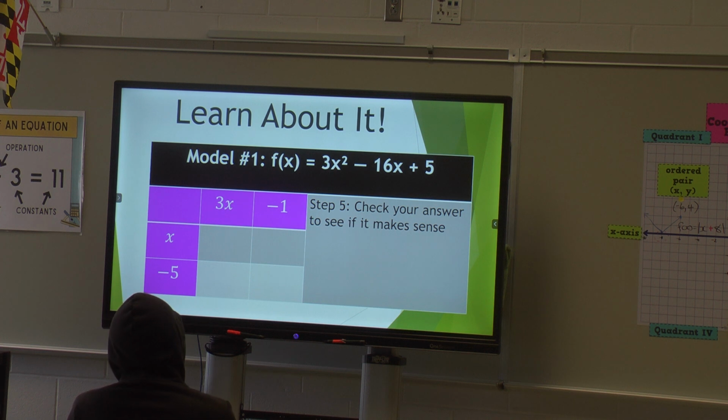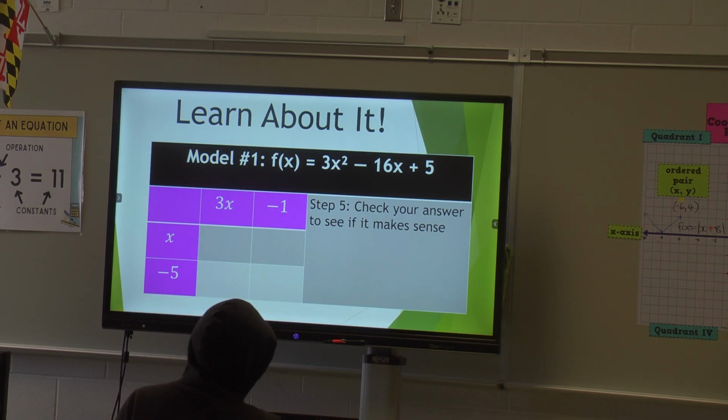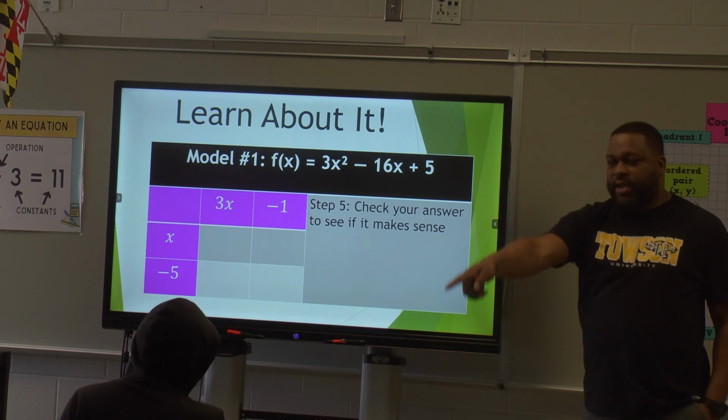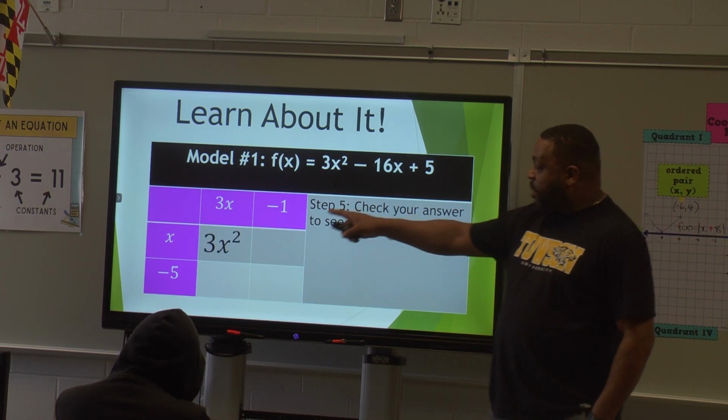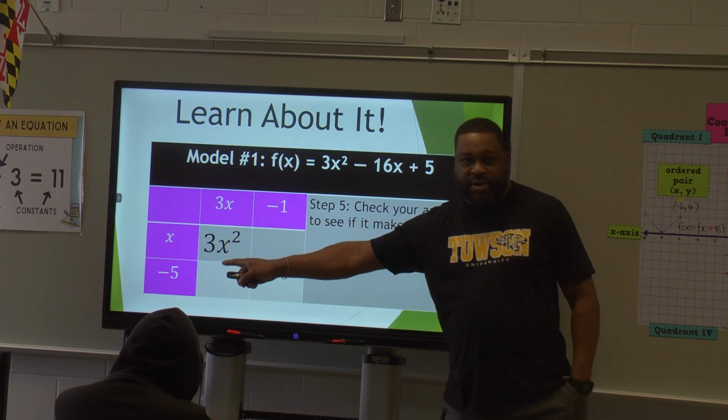So the first box will be 3x times x, and the answer will be what? What is 3x times x? 3x squared, yes. Okay? Now, I've got a negative and a positive.